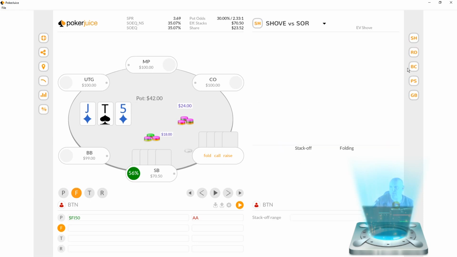So we go to range distribution, and here we have his calling range or continuation range, 10 plus, 8-9 plus diamonds. And we can instantly see that he's going to have something from this range 80% of times, which gives us 20% fold equity. John Doe's range is 50% minus aces.